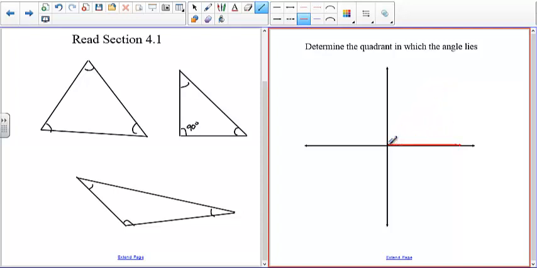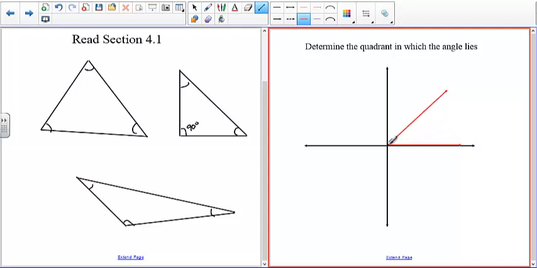It could point exactly here, then you'd have an angle of 0. If one's pointing in the y direction and one's pointing in the positive x direction, that's 90 degrees. If they point opposite each other, that's 180 degrees. If one is pointing in the positive x and one is pointing in the negative y, that's 270 degrees, and then you come all the way around, and that would be 360 degrees.